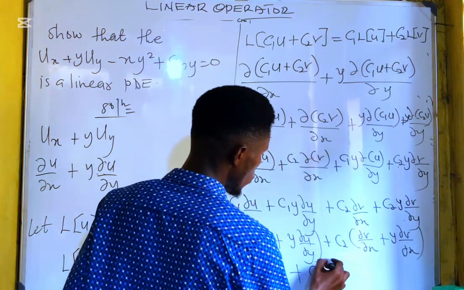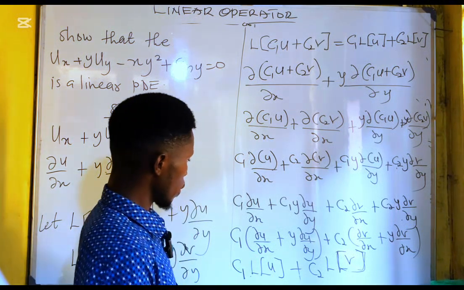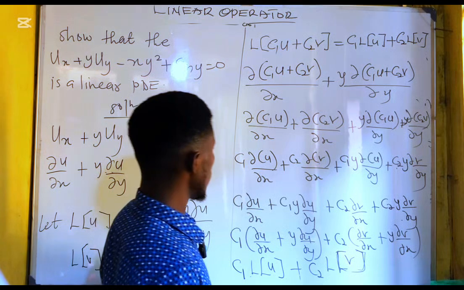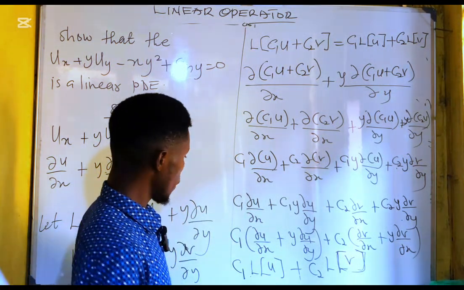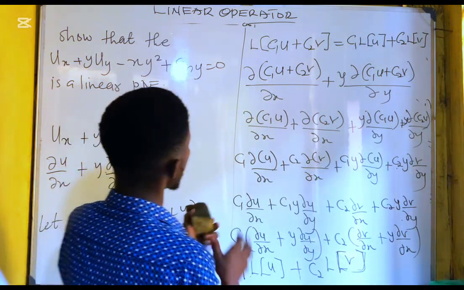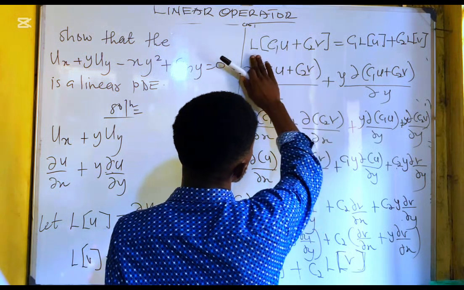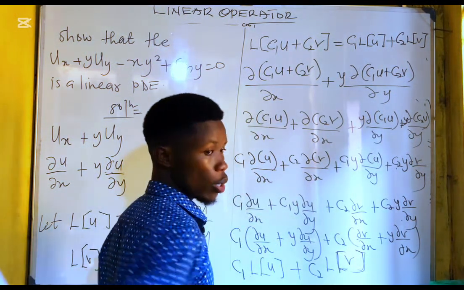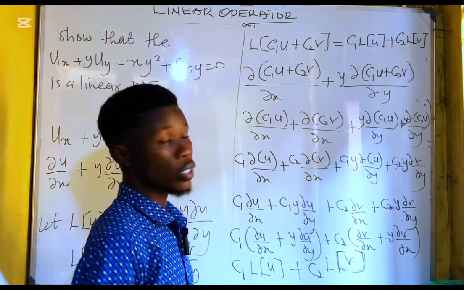So what you are just saying is that this one is equal to this, meaning that the property holds, because we are saying that this one should be equal to this, and we used this one to prove it. We have now gotten this one. So the property holds. Is that okay? Very good. Now let's move to the next topic.